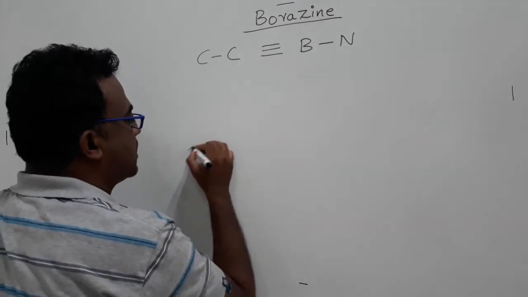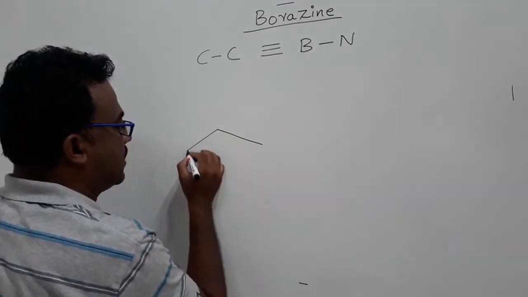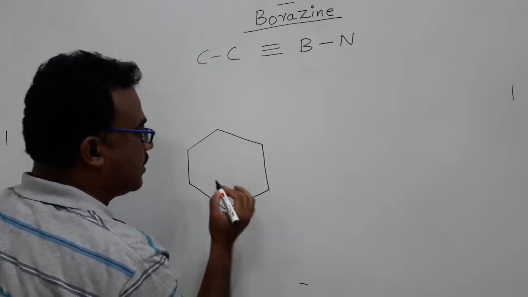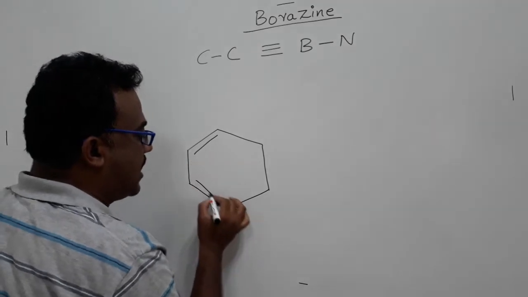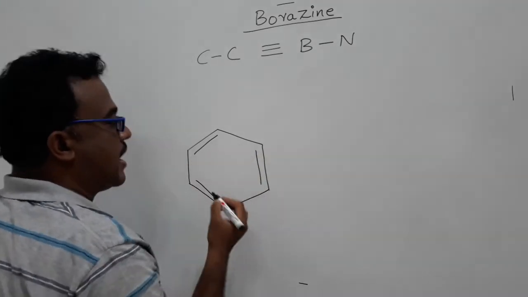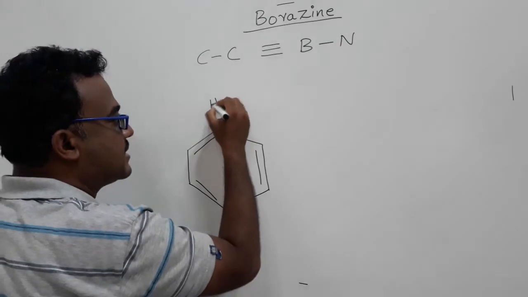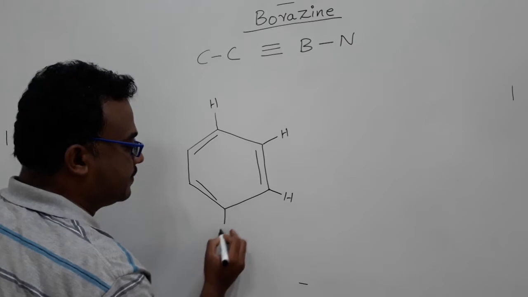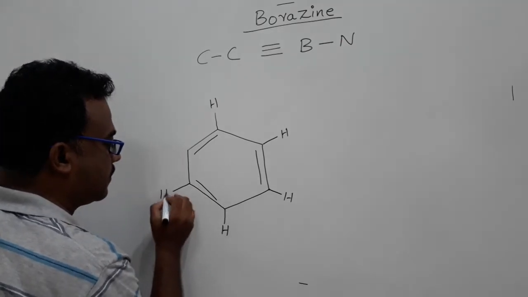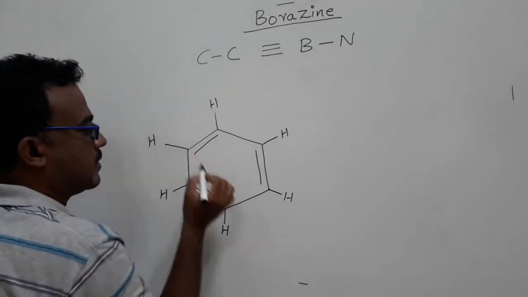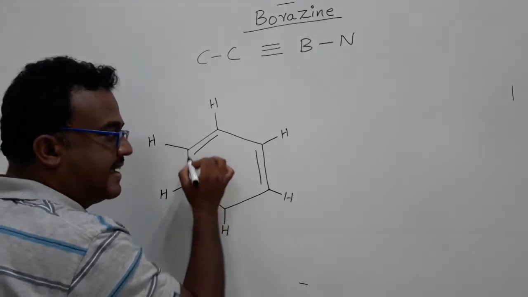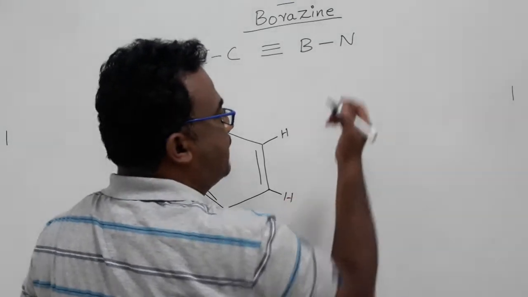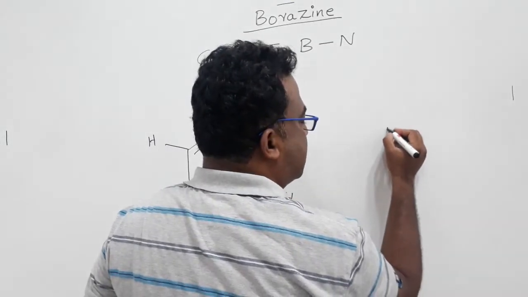We all know the structure of benzene: a 6-membered ring which has alternate single and double bonds. It has sp2 hybridized carbon atoms. The 6 pi electrons are delocalized over the 6 carbon atoms. When we compare to borazine, you can see the structure.